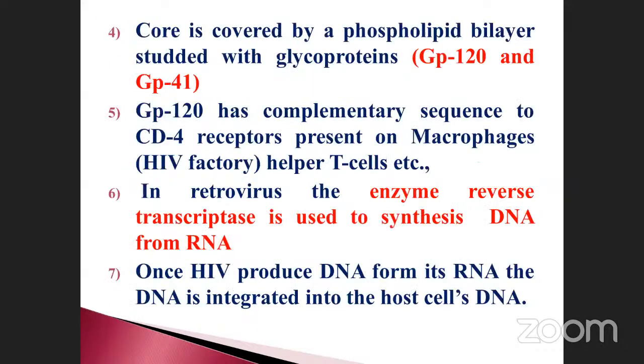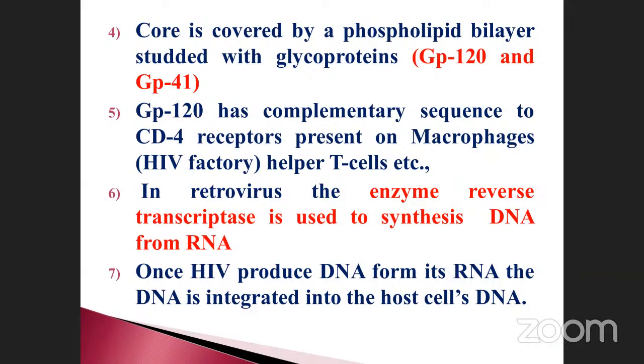Next, the core is covered by a phospholipid bilayer, studded with glycoproteins. Those glycoproteins are gp120 and gp41. Sometimes they may ask a question from this area, where the glycoprotein numbers of HIV may be interchanged.